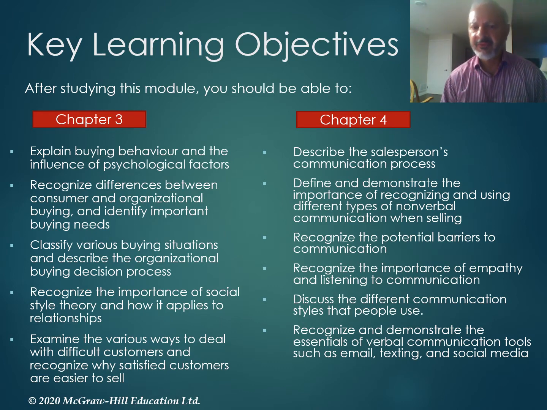Another area of learning objectives in Chapter 4 is to recognize the potential barriers to communication. And there are many. Some of them are pretty obvious. Some of them are not. Some barriers to communication that are obvious are usually physical ones, like noise distractions. If somebody was walking behind me as I'm speaking, that could be a distraction.